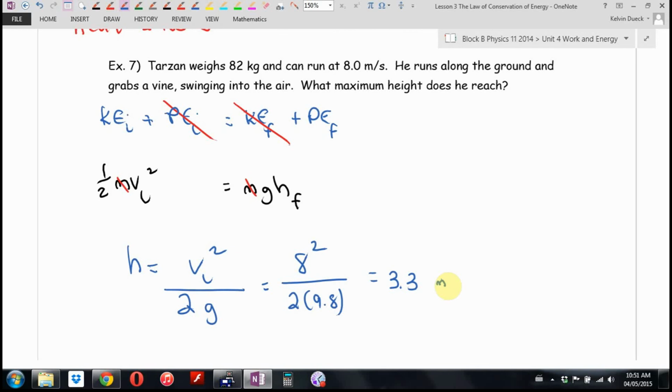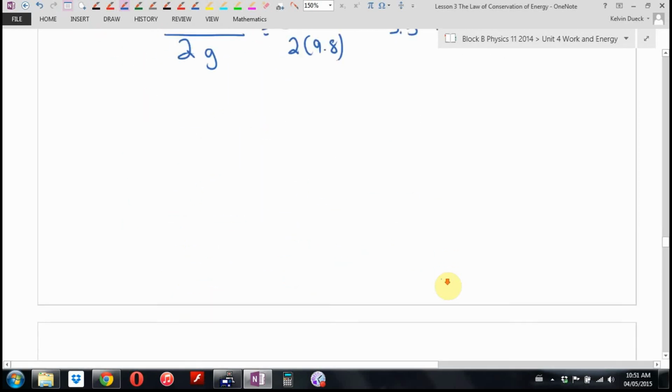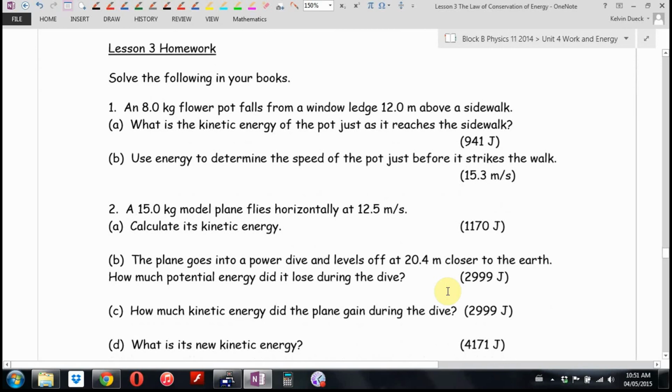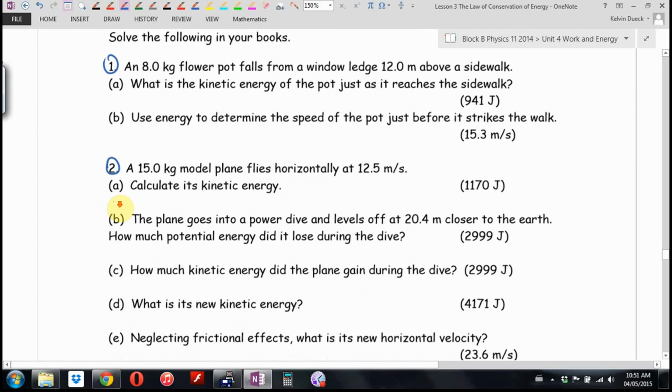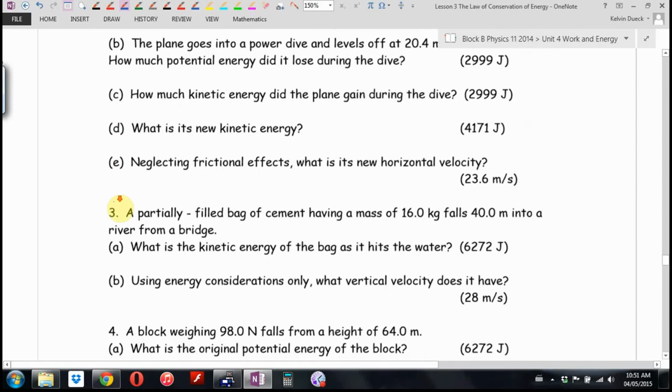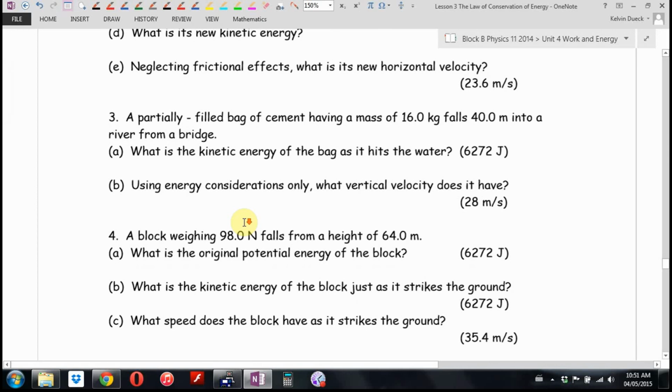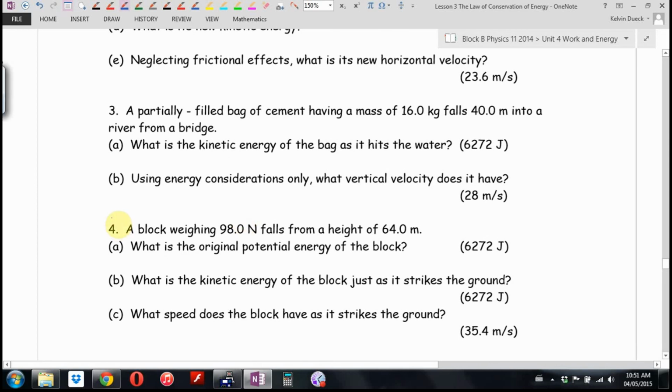Okay, rope swings. What's your homework? Number 1 is good, number 2 is good. Four is good.